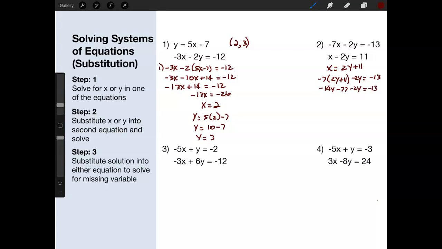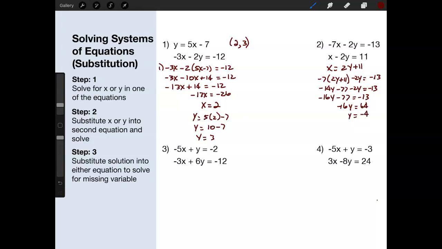Combine like terms, and we have negative 16y minus 77 equals negative 13. Add 77 to both sides, and we have negative 16y equals 64. Divide by negative 16, and we have y is equal to negative 4.